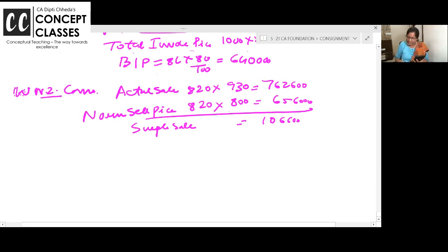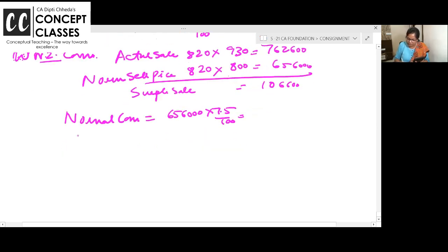Now please read the language of the commission once again. The very first line. A is entitled to normal commission, 7.5% on the normal sales. 6,56,000 ka 7.5%.